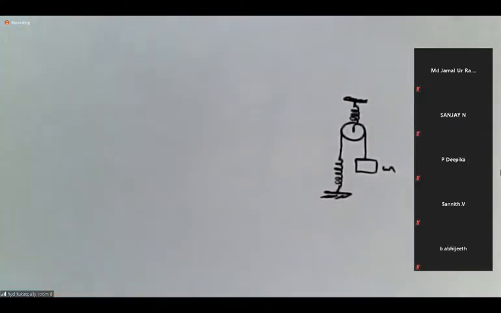A pendulum is the best example within good approximation. The pendulum oscillates.